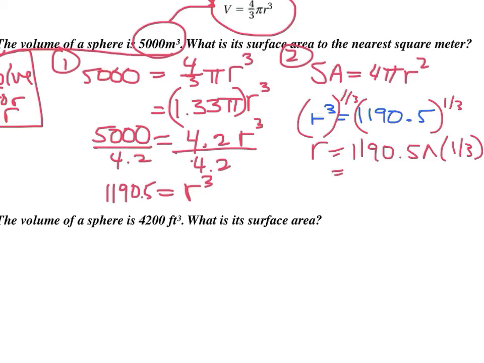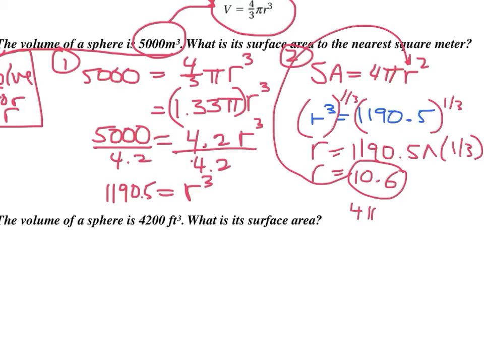And when I type that into the calculator, raised to the parentheses 1 divided by 3 power, I get 10.6 for my radius. Once I have my radius, then the problem becomes easy because now I can just take that and plug that in for r. So now I will have that the surface area equals 4 pi times 10.6 squared.